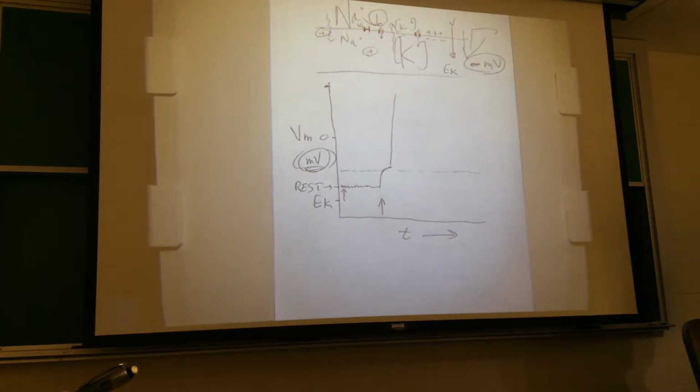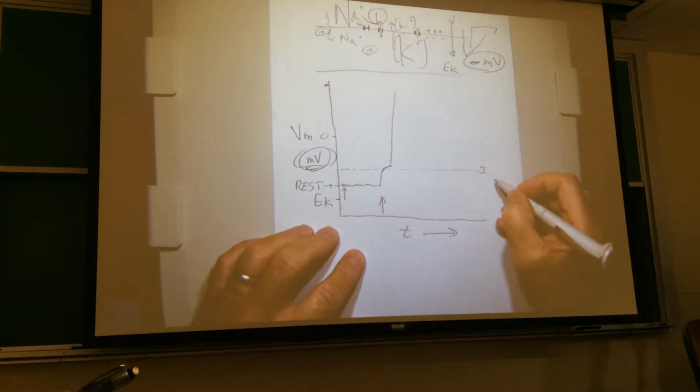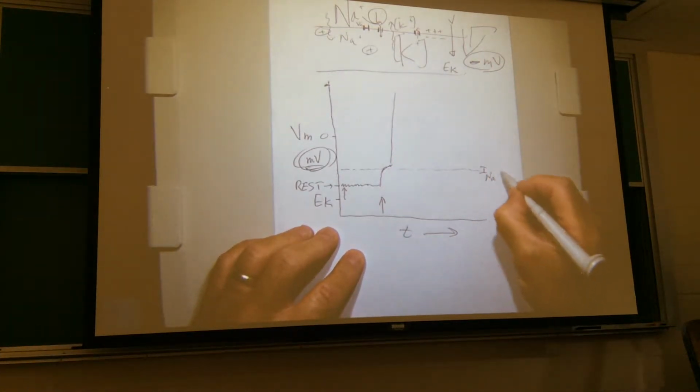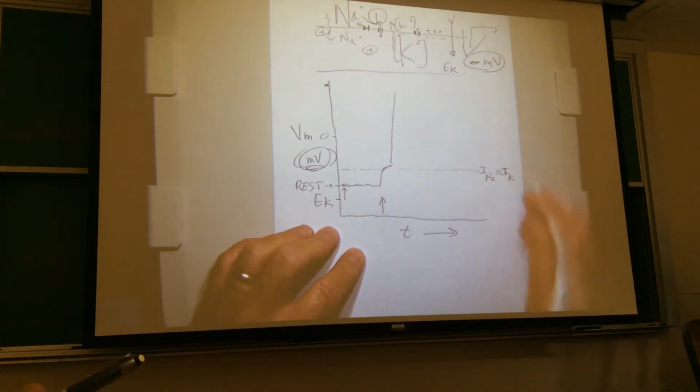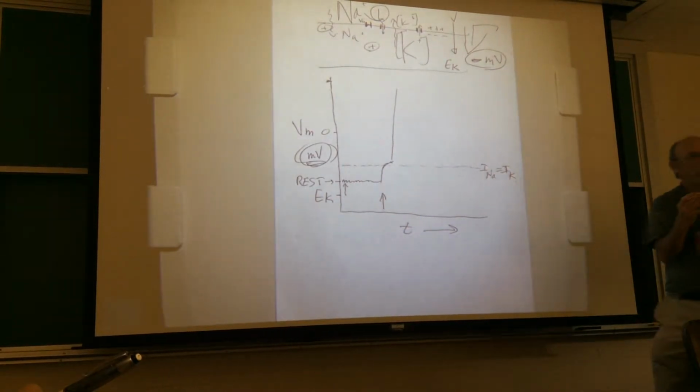Nothing, right? So that's the threshold. Remember, where the current, we signify by I, for sodium, is equal to that for potassium. Okay? Because both of them are working, but they're counterbalancing each other.